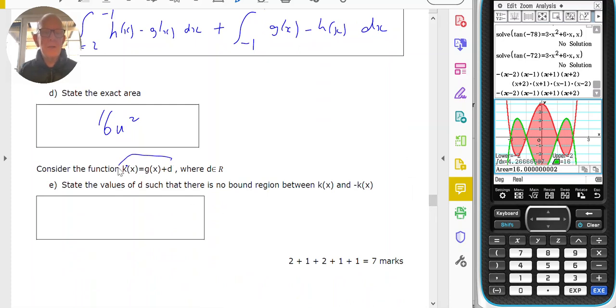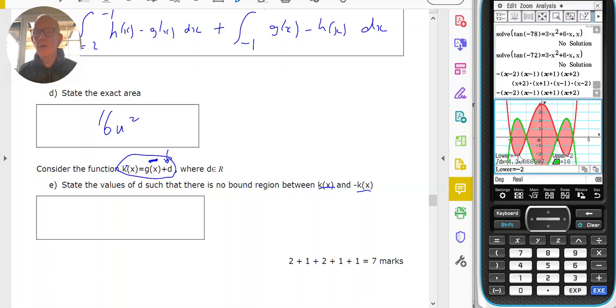Consider the function k, which is g with some sort of translation up or down. Find the value of d where there is no bound region between k of x and the inverse, or the negative of k. Okay, so I want to look and see where the lowest point of the red curve is at.